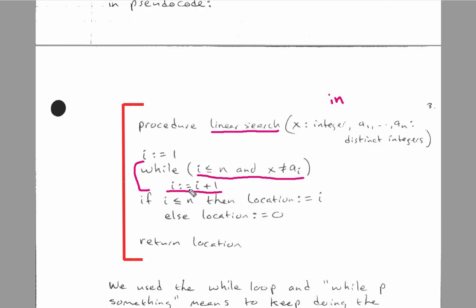This would look strange as just an equals, but it makes sense as an assignment. So whatever is stored in i, increase that number by 1. We need that for the while loop to get to the next number.